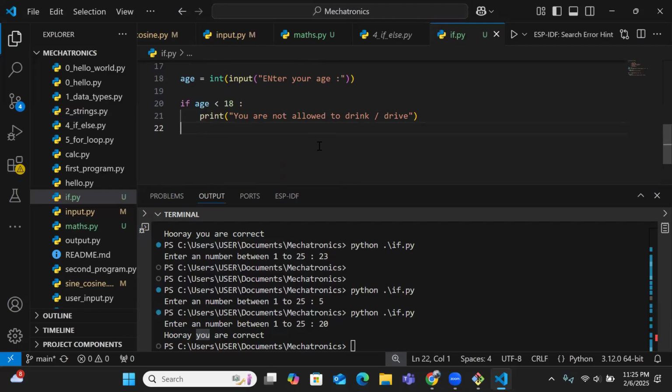Then we are coming to learn something called elif. Elif, if your age is greater than 18.